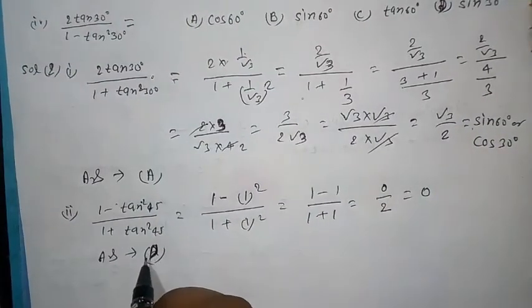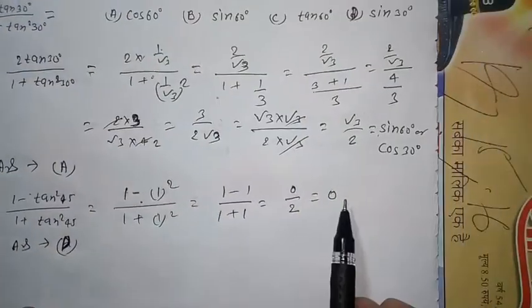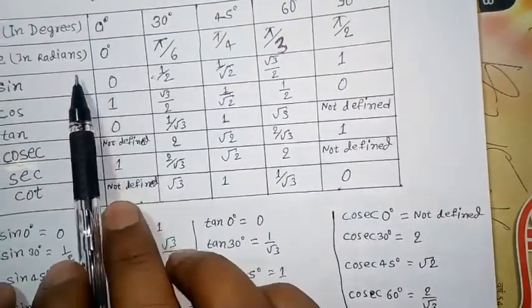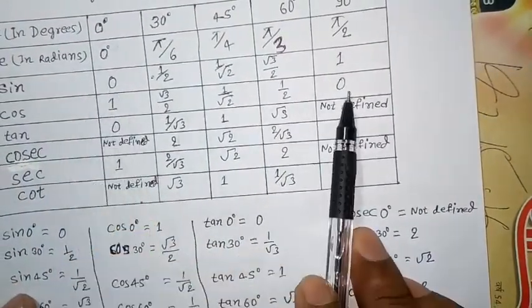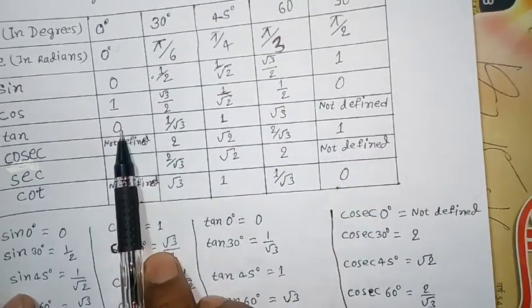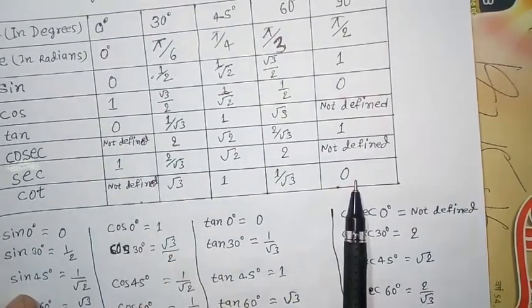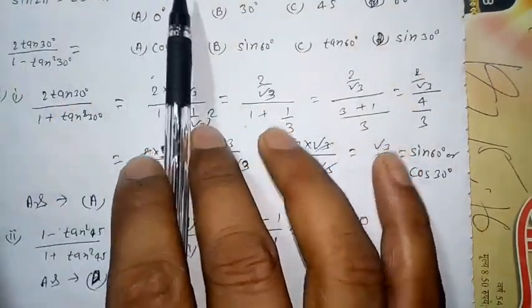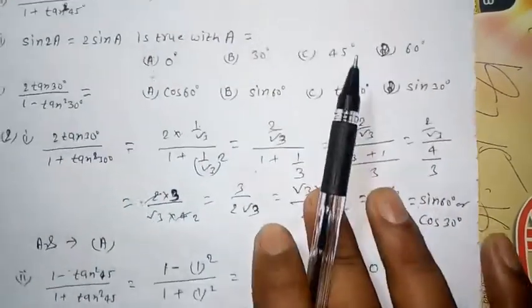The value 0 is also sin 0, cos 90, tan 0 and cot 90, but none of those are options here, so only D is the answer.